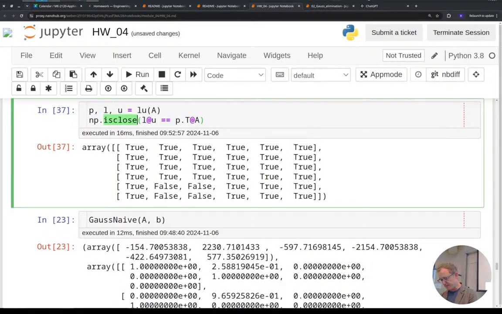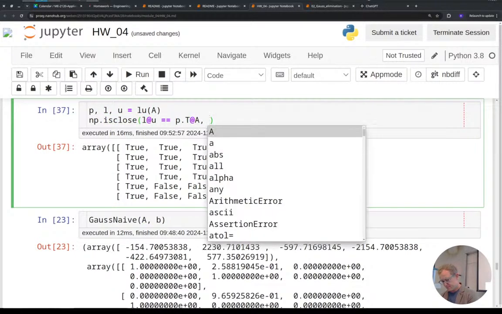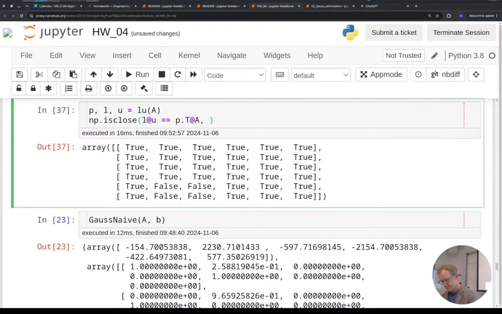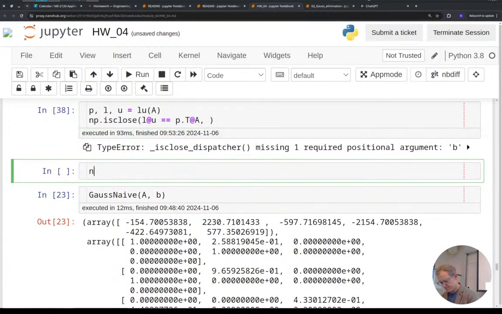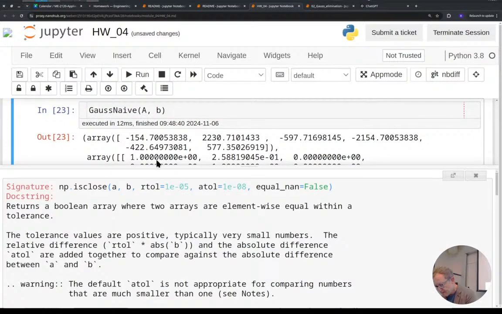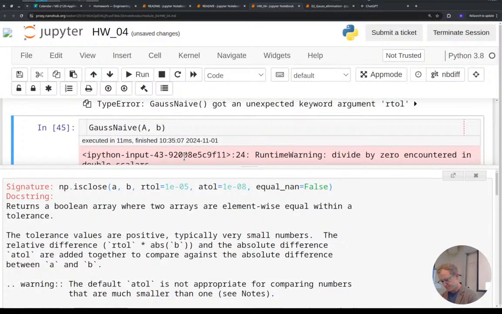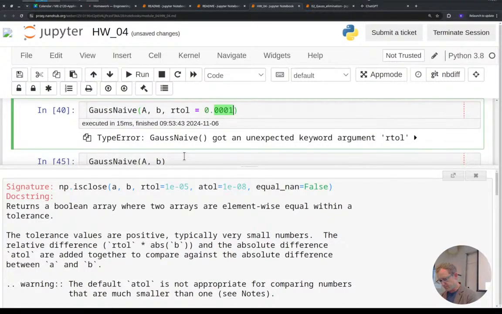And you can even specify how close you want it to be. R tall, A tall. Oh.